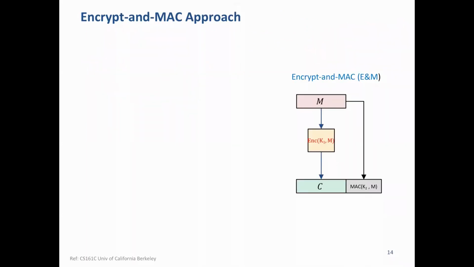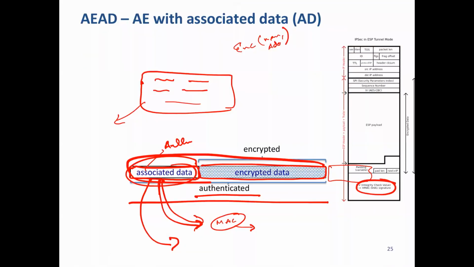The first approach is encrypt and MAC. Note the word and. So you have message M, you encrypt it using a key K1. Note that this is a symmetric key that's shared with the end user, like Alice and Bob share. So what we get is ciphertext C. And take message M and get a MAC from that.